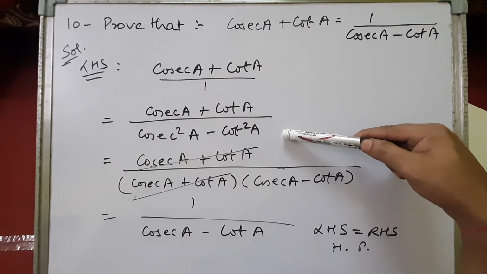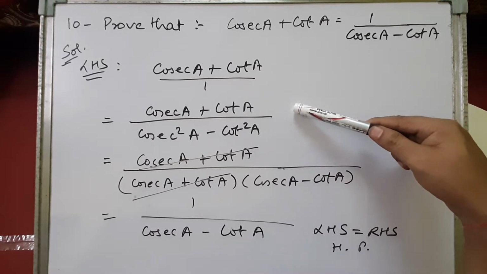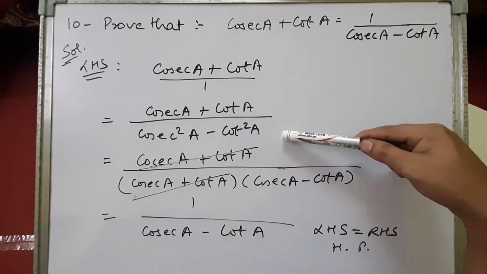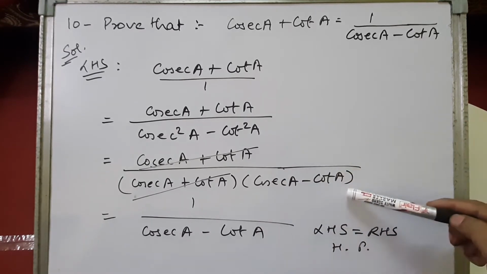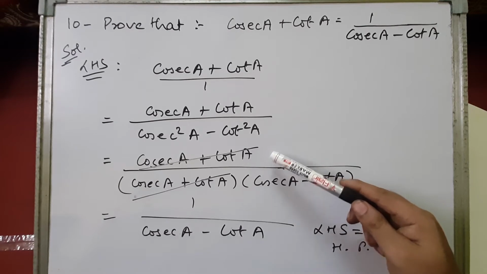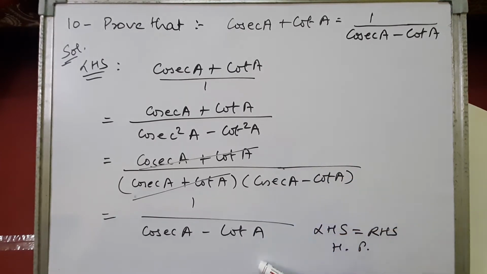We know that 1 can be written, in terms of cosec and cot, as cosec square A minus cot square A. So it will become cosec A plus cot A in the numerator, in the denominator cosec square A minus cot square A. Now we know that A square minus B square is A plus B, A minus B. So here this cosec A plus cot A and cosec A plus cot A will get cancelled. What we'll get? 1 upon cosec A minus cot A. Okay, and that is what the right hand side is. So now we can say that left hand side and right hand side are equal, hence proved. Note down, please.